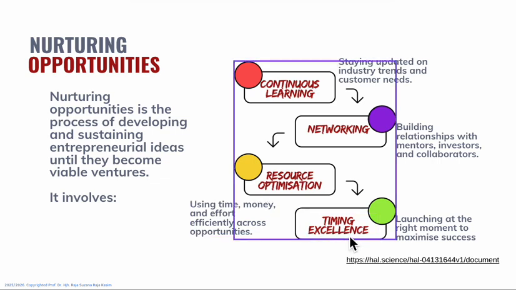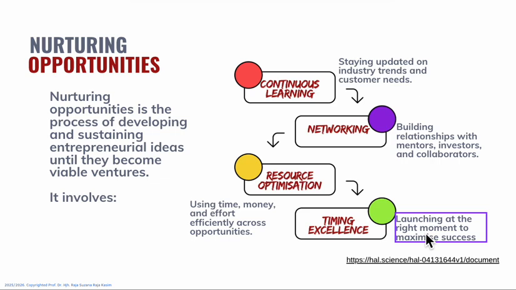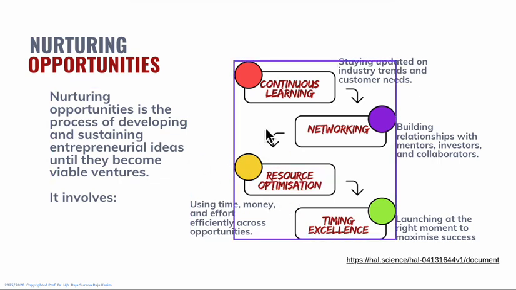And finally, timing excellence. The best idea can sometimes fail because it may launch at the wrong time. Timing excellence is about entering the market when demand is there, it is rising, and conditions are favorable. Now, opportunities do not grow on their own, right? They must be nurtured with knowledge, network, discipline, and strategic timing.